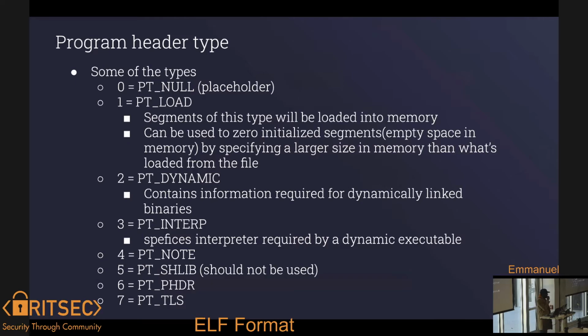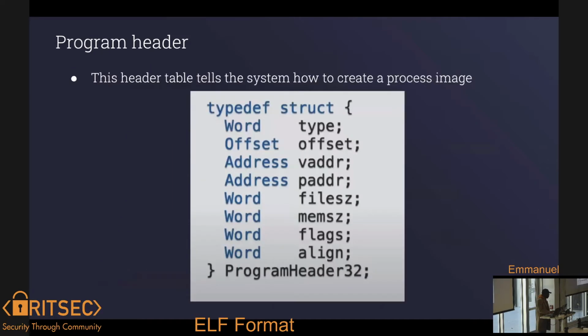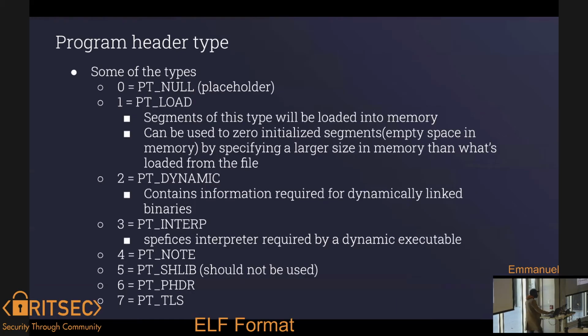The beginning, which is the word p_type, tells us what type of program header it is. Just like the ELF header, there are also different types of program headers. 0 is usually a placeholder, just nothing. The first one is PT_LOAD, the segment that gets loaded into memory.